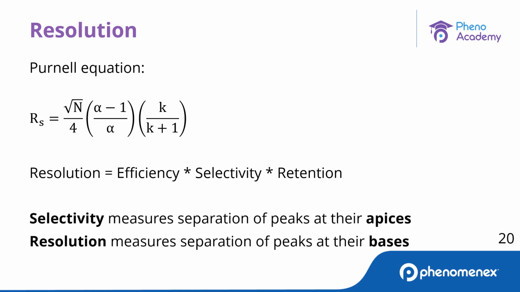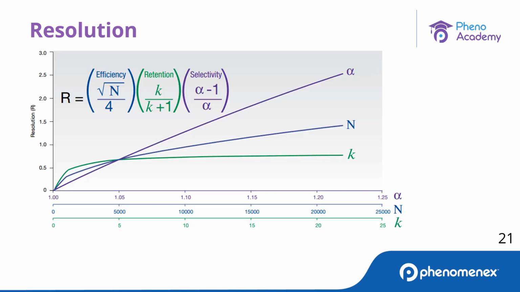And where selectivity measures the separation of peaks at their apices, resolution measures the separation of peaks at their bases. Here you can see the impact of each of the three factors on resolution.